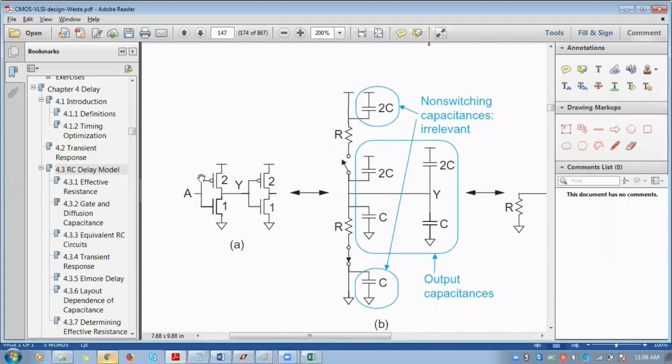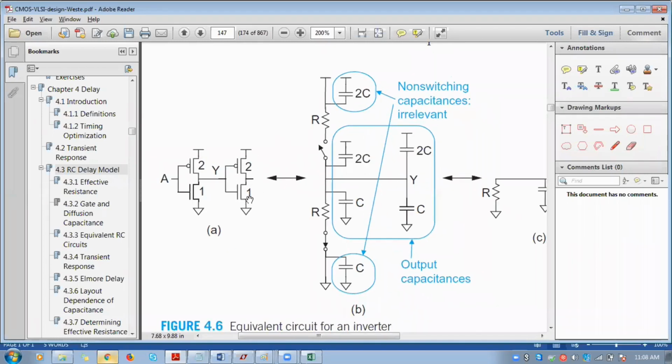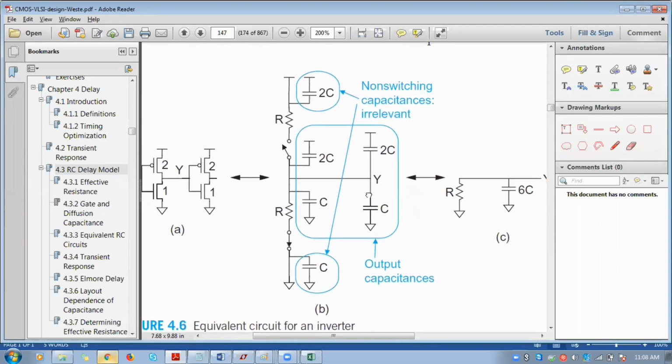Here we will consider the output equivalent circuit of the first stage and the input equivalent circuit of the second stage. While calculating delay, we can calculate the delay of the circuit with respect to the load, that is, the other circuit it has to drive. Then only can we calculate.